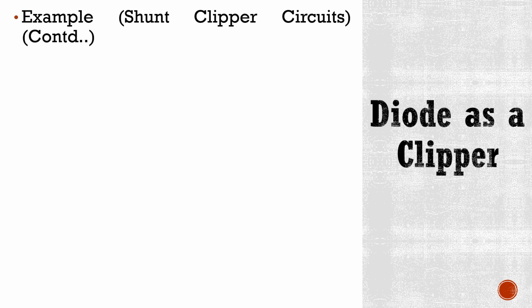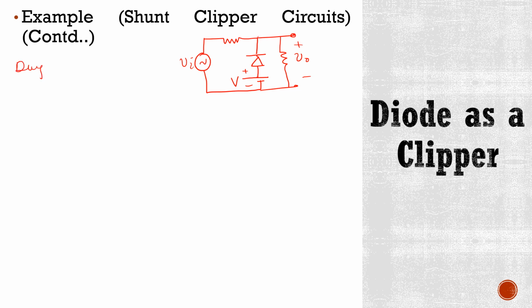We know that this is our circuit here, and here we have V naught, this is Vi, and this is the DC battery V. Now what would happen during the positive half cycle of the input signal?